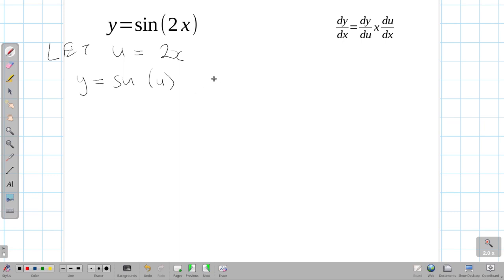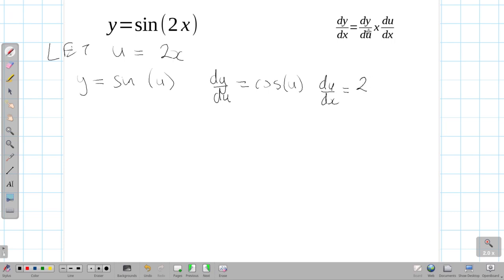So if I do my derivatives, dy over du will give me cos u. Nice and straightforward. And the derivative of the second term, du dx, is the derivative of 2x, which is simply 2.